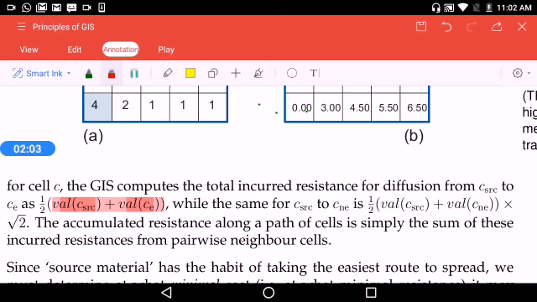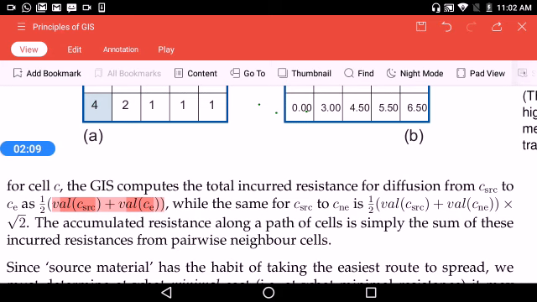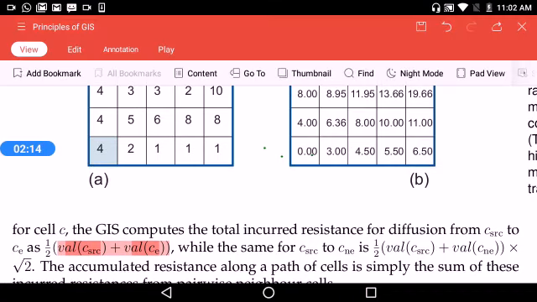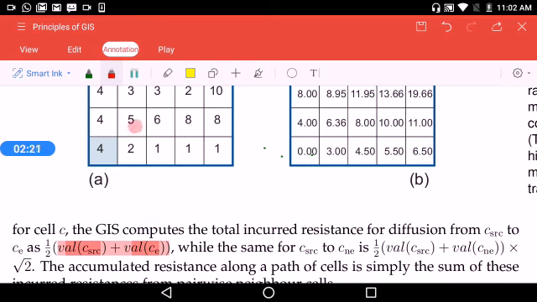Now if you move in the diagonal direction, from the source to the diagonally opposite cell, that is this cell, then the resistance will be half of val of CSRC plus val of CNE into, can you see this, √2. Why is that so? Because the distance is not considered as 1 in the diagonally opposite cells, but it is considered as √2.